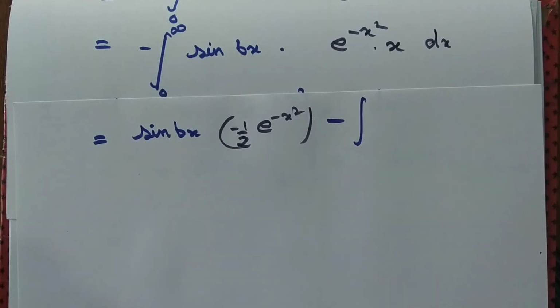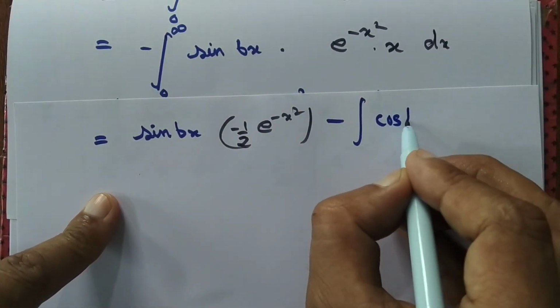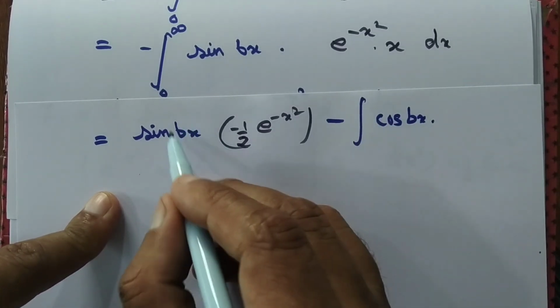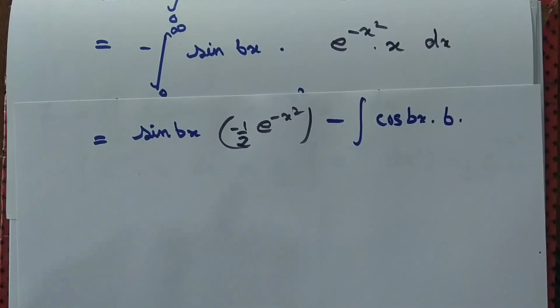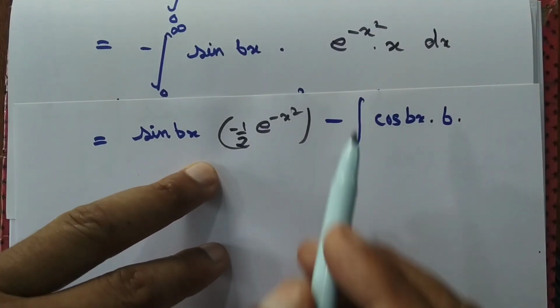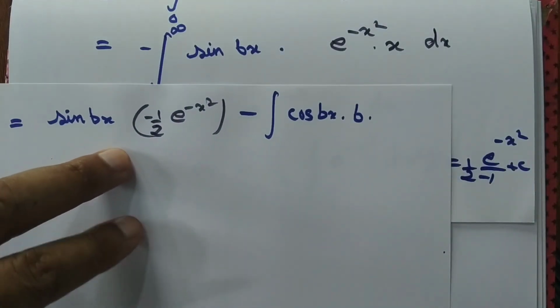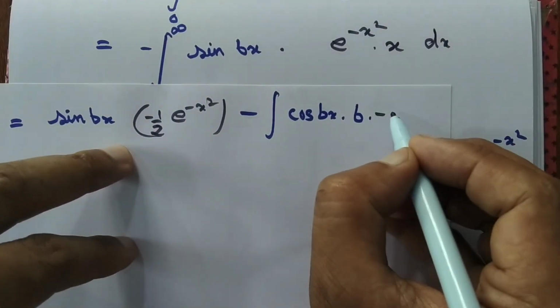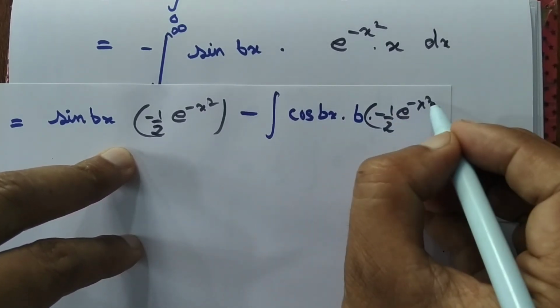The derivative of sine bx with respect to x is cos bx, and then we need to differentiate bx with respect to x as well, so that's just b. And then the integral of the second function, the integral of e to the power minus x square times x, is minus half of e to the power minus x square.